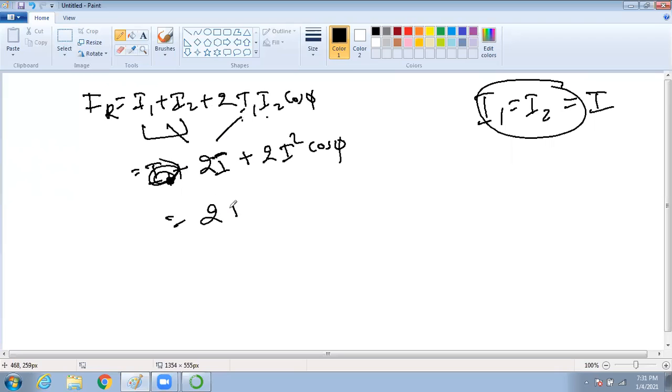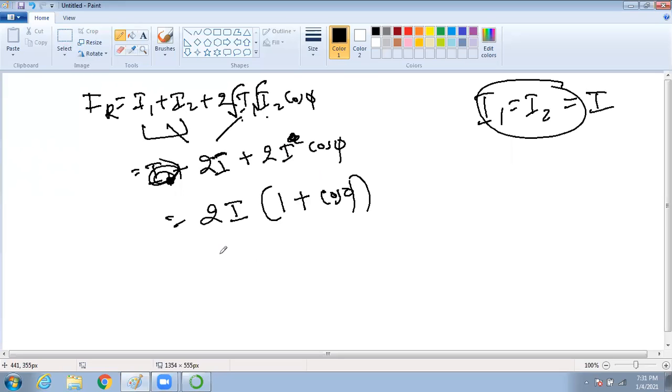So if I take 2I common, it will be 1 plus cos phi. Clear? Only cos phi.